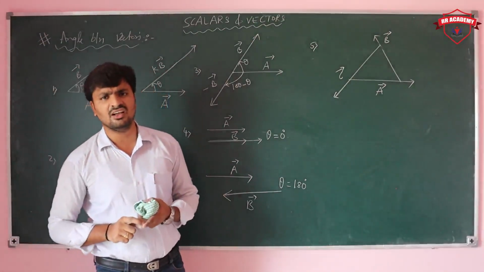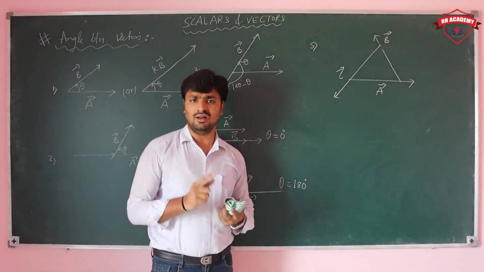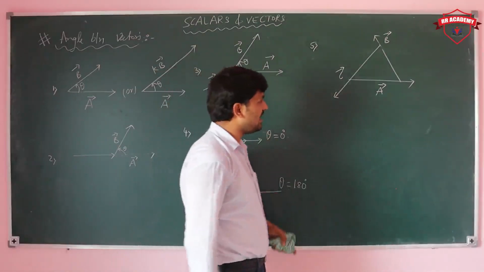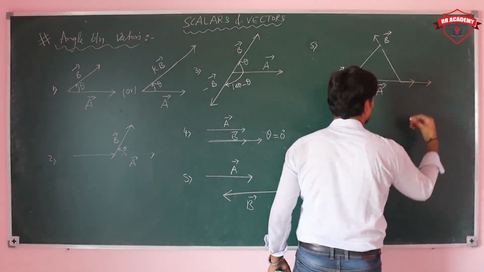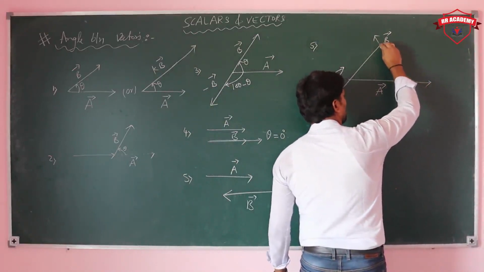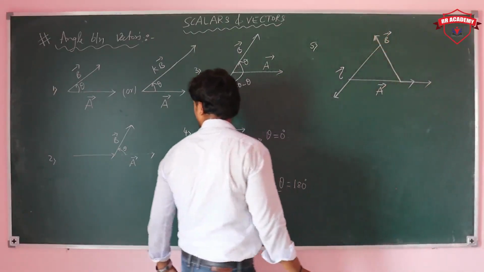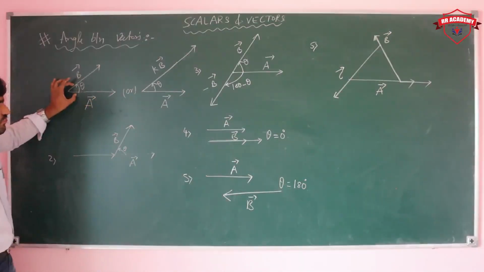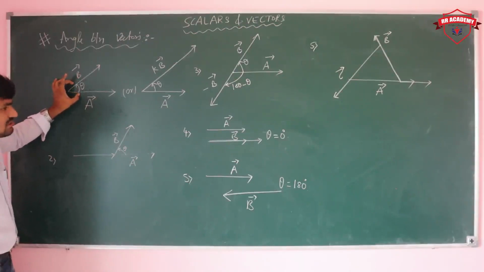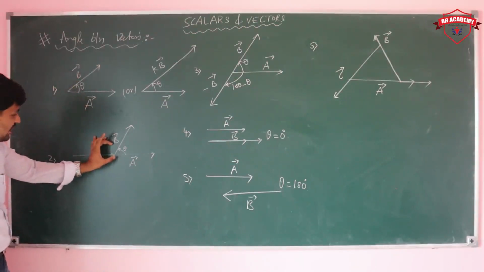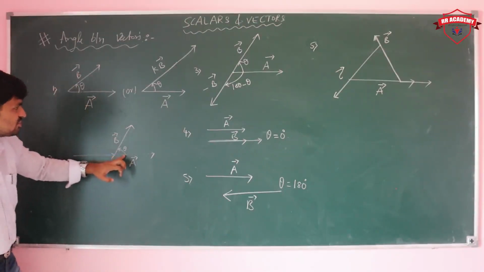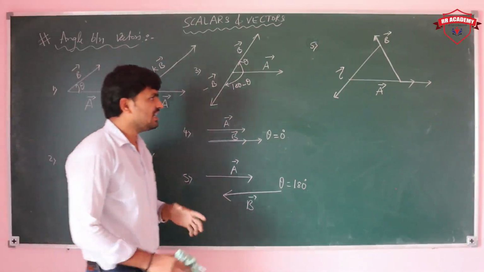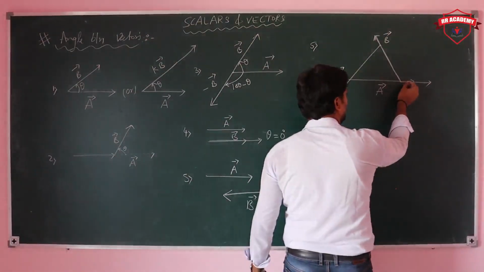Generally we say 60 degrees for one angle. But in this condition, what is the angle? This is A vector and this is the B vector. We need to mention always here, we need to take the angle between two tails only. Two tails here we are taking, and this is the extension we are considering. Here also I am extending A and taking the angle.